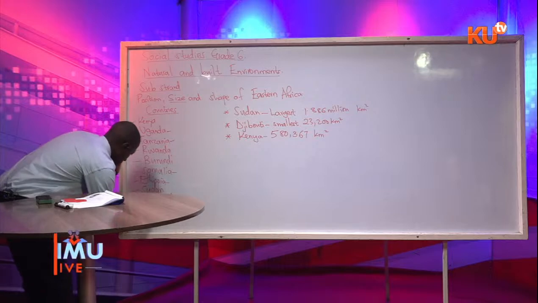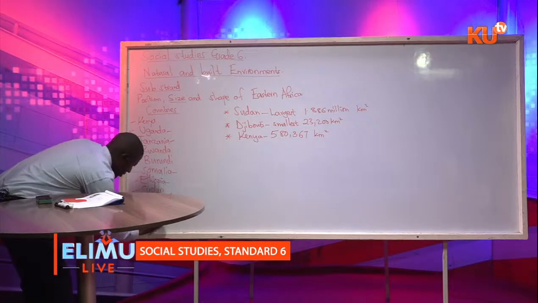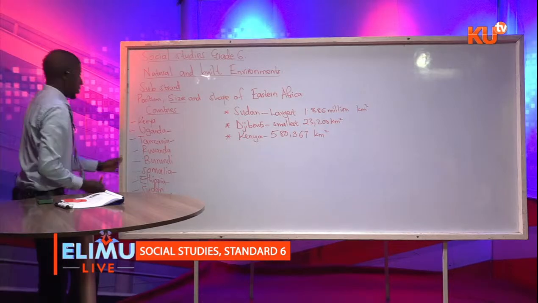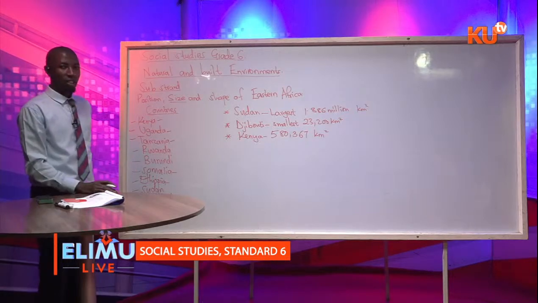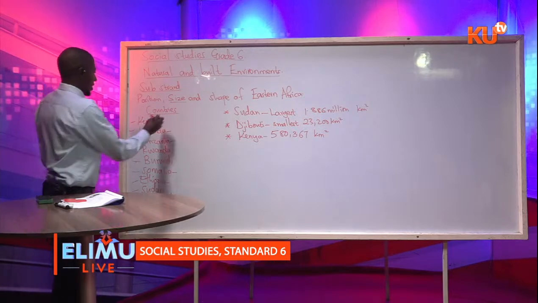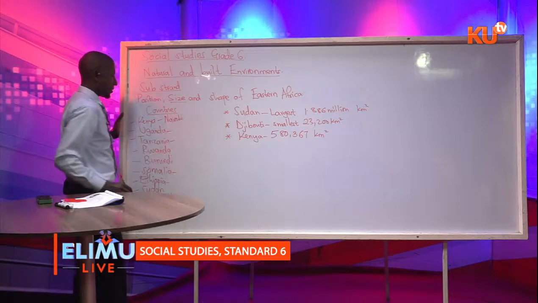Let me add Eritrea down here and Djibouti. So we start with our own country, and I know you know the capital city of Kenya. It is Nairobi. That's right.